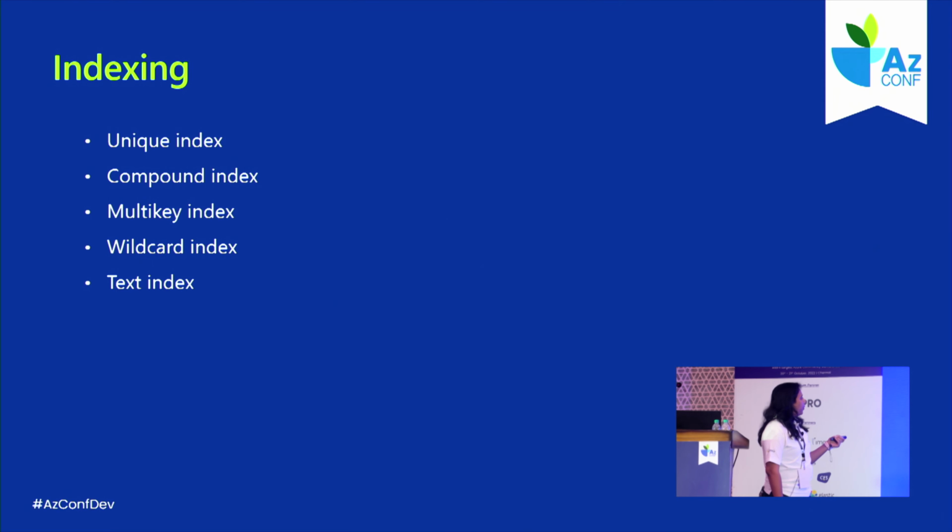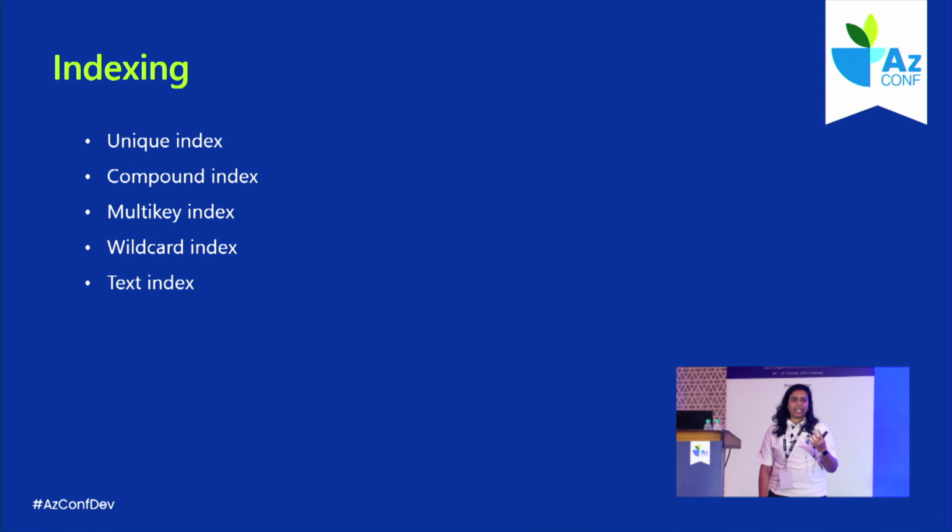And the compound index: if you want to have two or three keys together, we will have them as a compound index. And the multi-key index: if you have an array, for example your JSON data has an array in it, then we will use the multi-key index to fetch data easily from an array. And the wildcard index, for example, I'll show that.